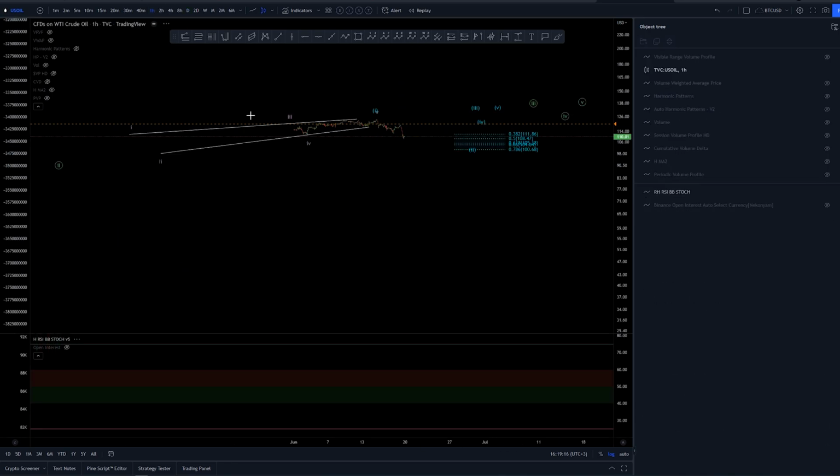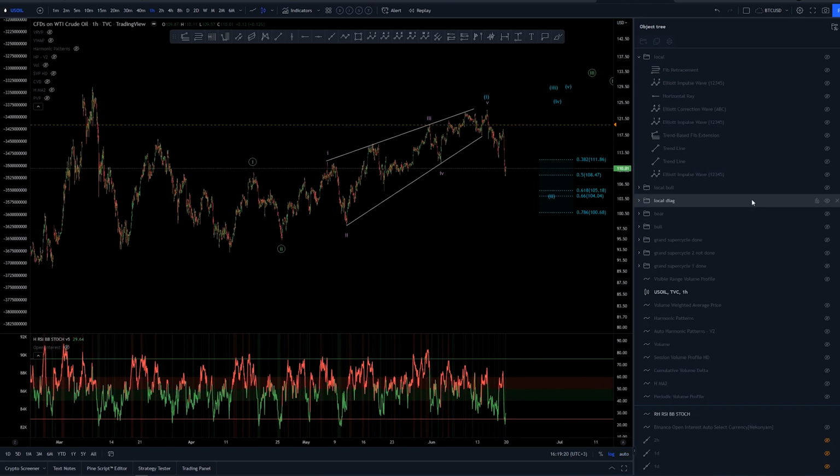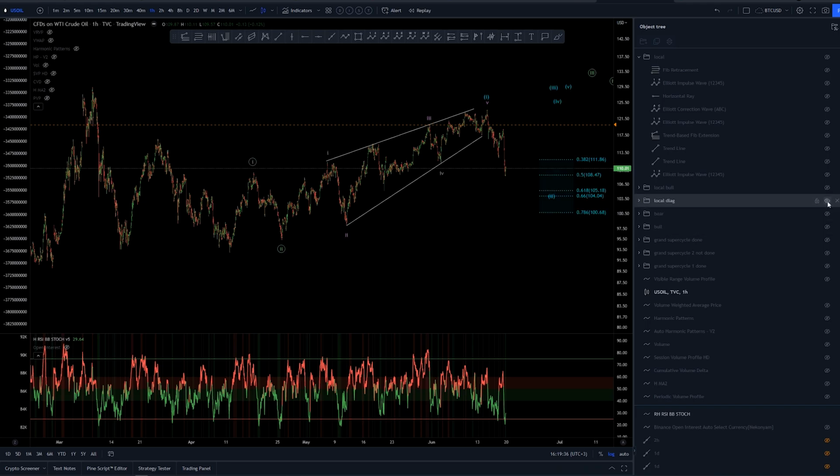Now let's zoom into this area here. So on both counts we had some kind of 3 here, some kind of correction here, and now either being part of it or being done here at wave 4. Okay, so that kept in mind, we have this possibility of having another 1 2 set up here.